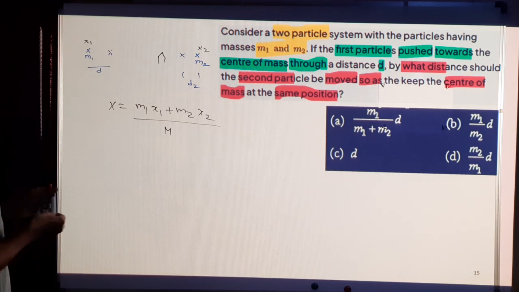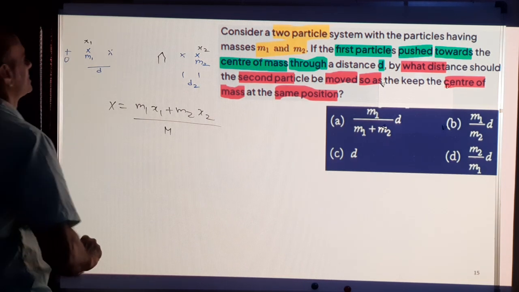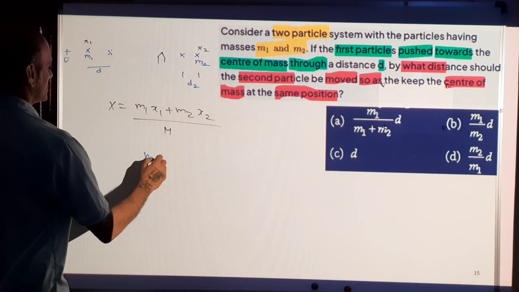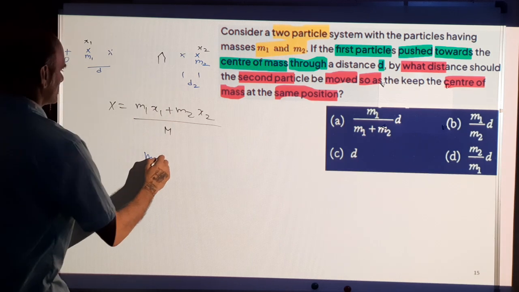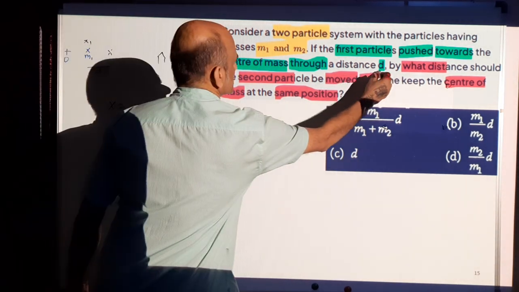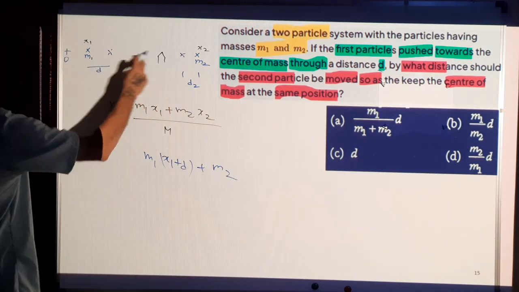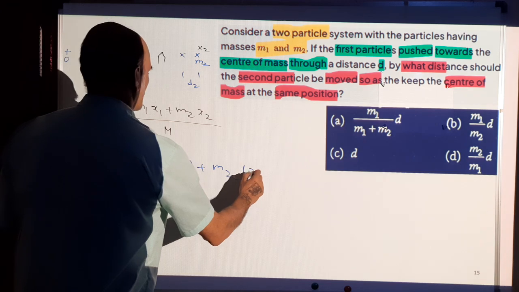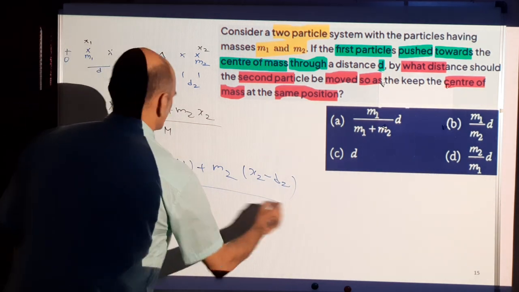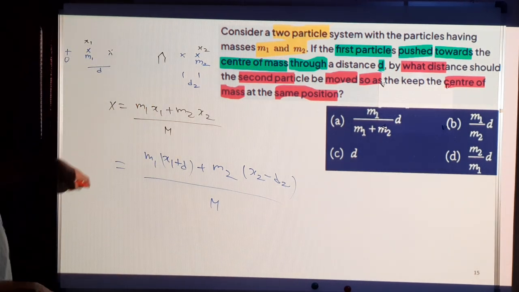In the second case, imagine the origin is here. x1 has increased to x1 plus d, it's moved by distance d. And for m2, x has decreased by a distance d2, so it's x2 minus d2, divided by the total mass. And the center of mass position is not changing, so x is the same.